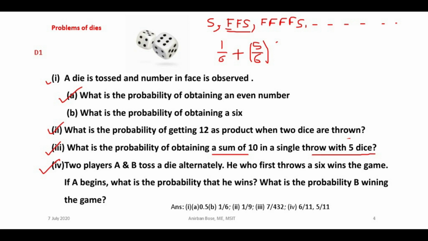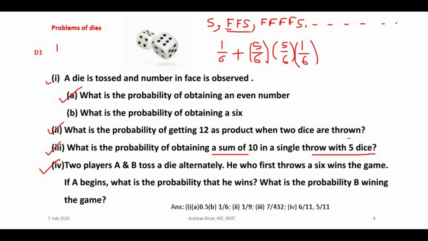Clear? Then it is B's turn. So B also has to fail. Okay, so these are all intersection relationships. That means A has to fail, B has to fail, then again A has to win, or A has to get a success. So these are all intersections, and these throws are independent events. Since they are independent events, the probability of their intersection will become the product of their probabilities, and that's why we can write, then B will fail will be this, then A will get success, that means this.